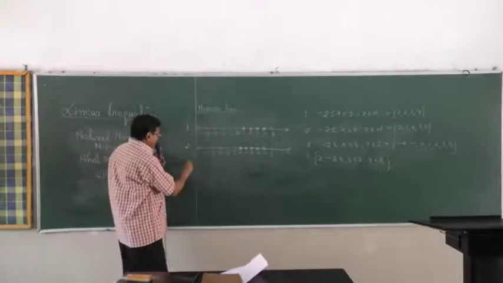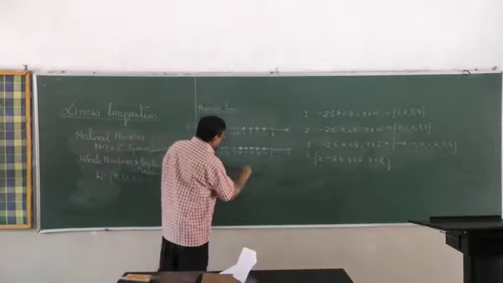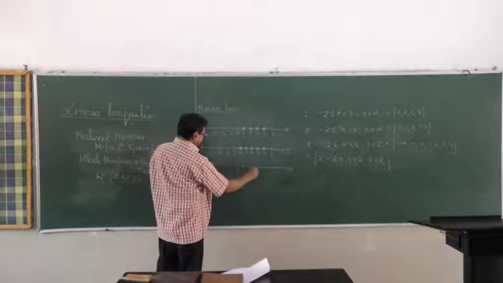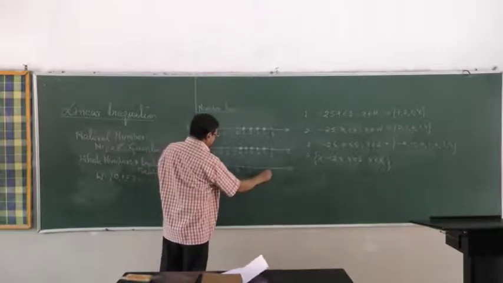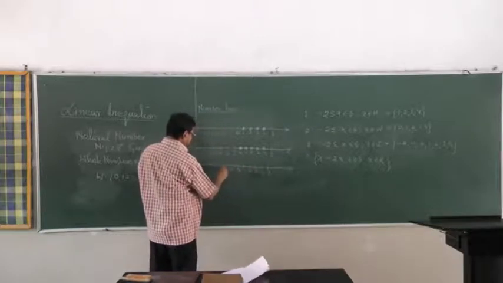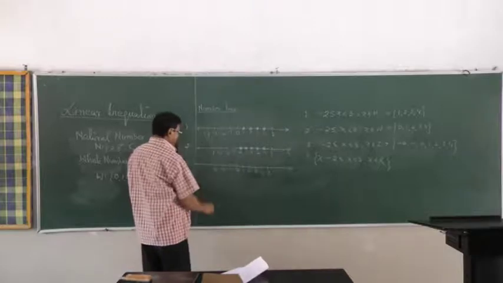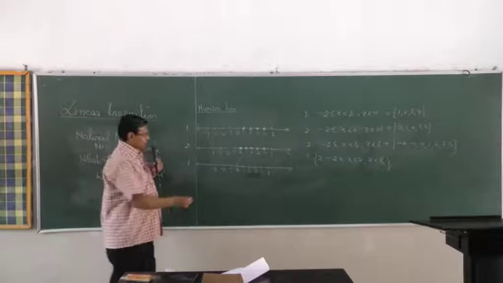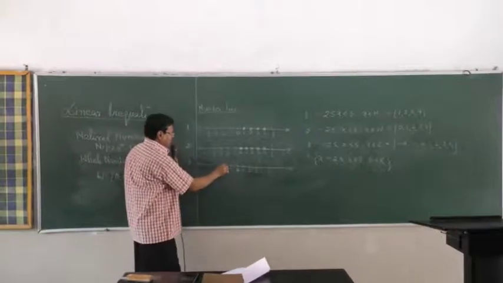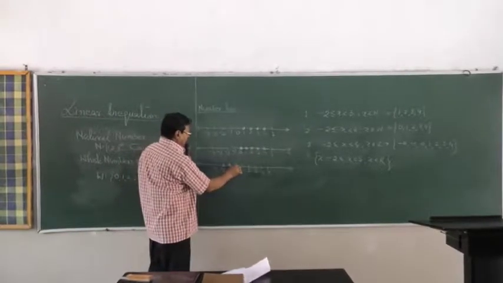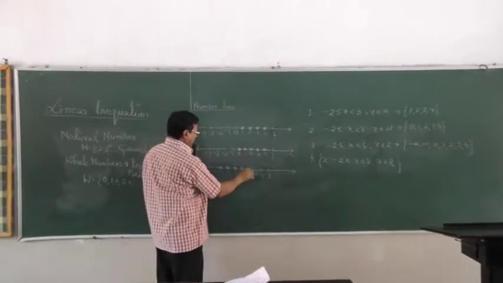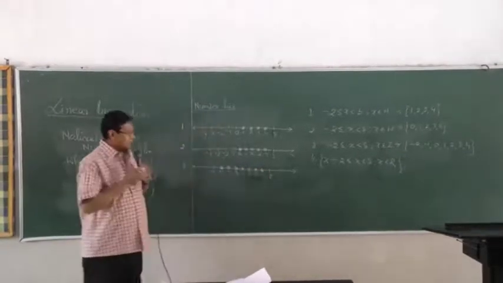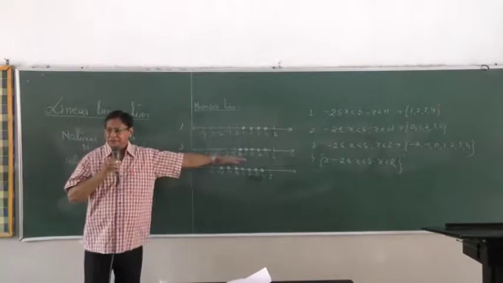The third one starts with -2. So -2 will be marked, -1 will be marked, 0, 1, 2, 3, 4, and here again one extra number on both ends.